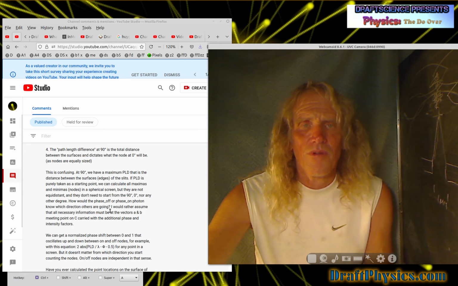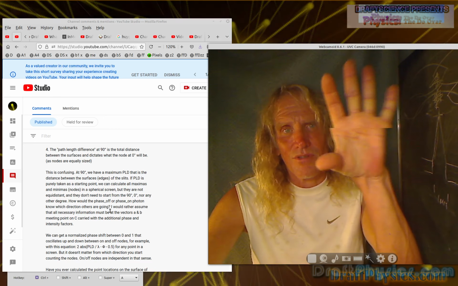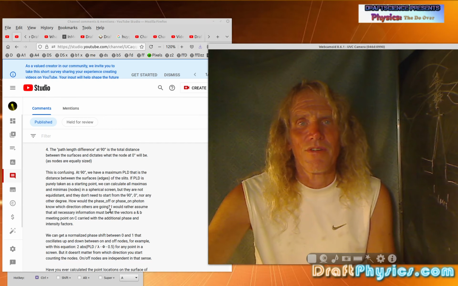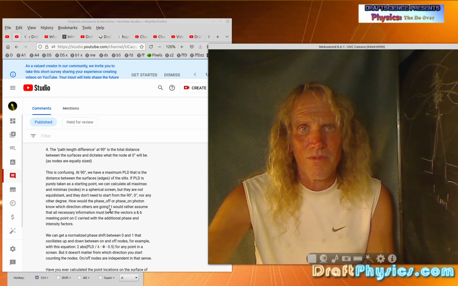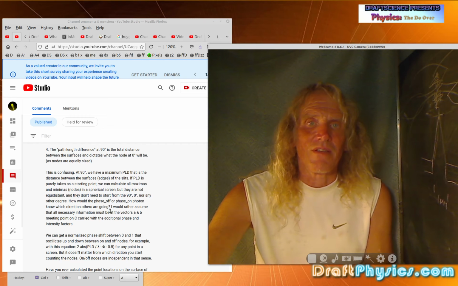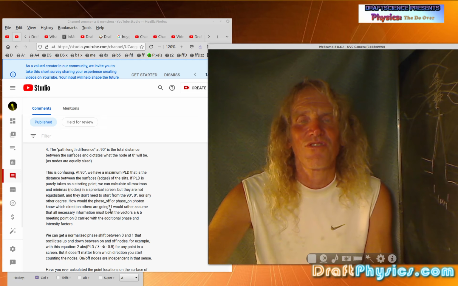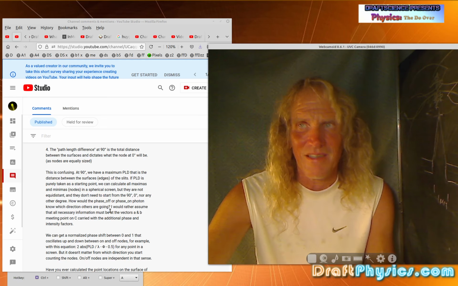So that's not the point. The point is that your 2 lines are right on top of each other and there's no volume to your triangle. It's very unconfusing. The difference in the path length of the lines is so simple to see.